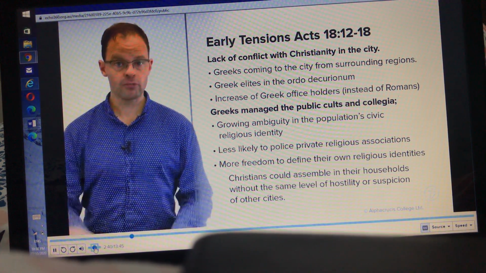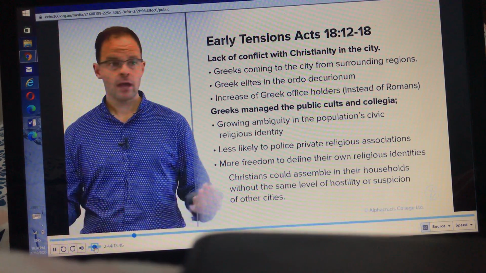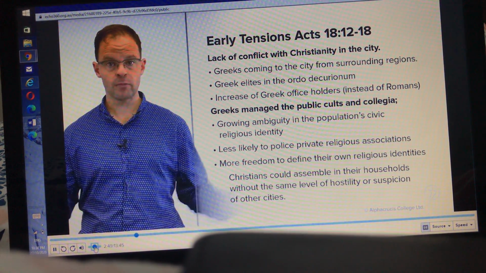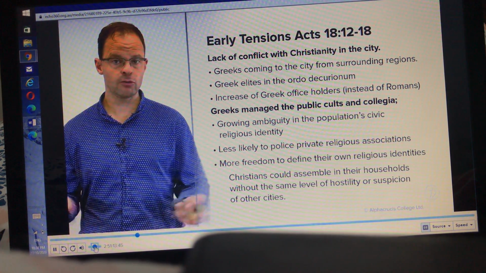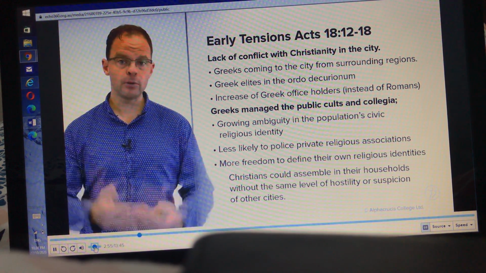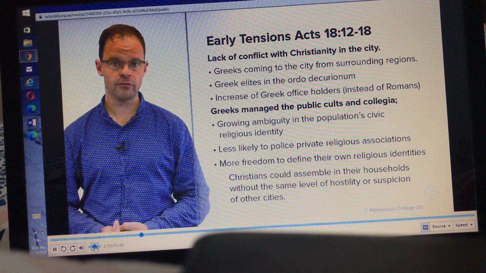So now they've got some money, they want to make a name for themselves, they want to get into important positions. Corinth is the best place to go, because you've got a brand new city that's looking for people to come and invest into it. Because with an elite person comes lots of money, comes lots of investment. People are building the city to gain honor for themselves. That's all to the advantage of the city.